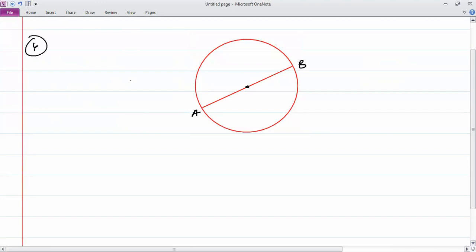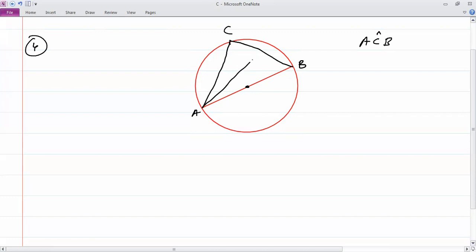So rule number 4 says that if this is the diameter, consider the angle made by the diameter on the circumference. Like, what is ACB? I will say angle ACB is the angle of the chord AB on the circumference, and AB is the diameter.